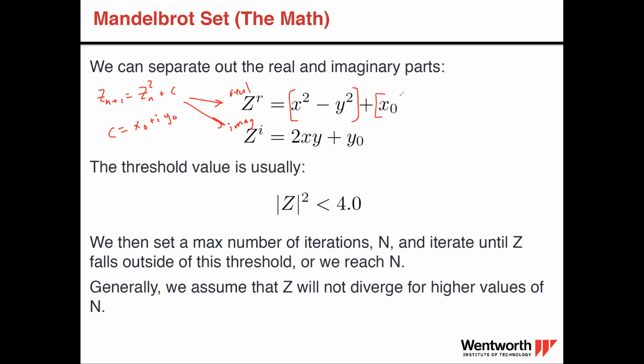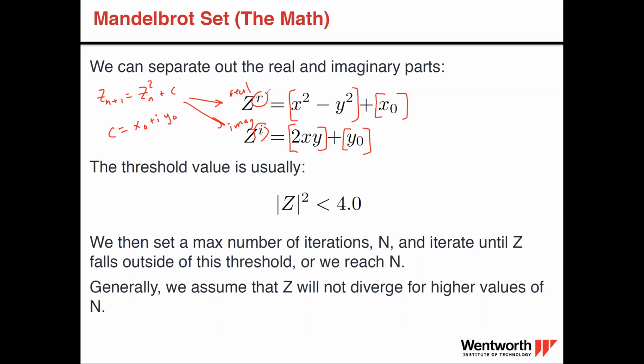So that's our real part for c. And then here is the imaginary part for z squared, and the imaginary part for c. We've left off the i. We're just saying this is the imaginary piece, this is the real piece. That's how we can forget about the square root of -1, the imaginary number. And these are the two equations that we're going to program up.